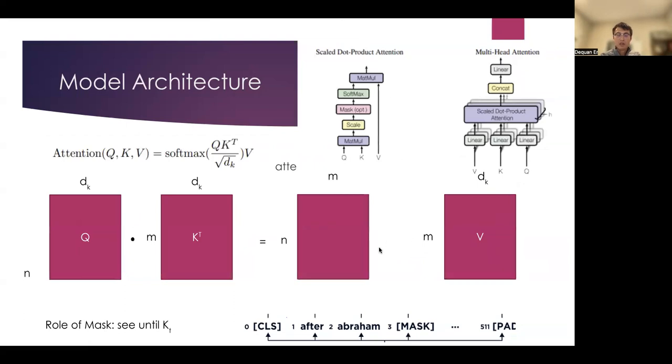Because in your sequence, as a sentence, when you are doing the sequential thing on, let's say, the third word, you can only see the previous words, but after that you shouldn't see that, because that's how you want to make your recurrent training. Although this one doesn't have recurrence, it distills all the information at once, you still want to preserve the sequence of the words. So that's why you want to mask it.